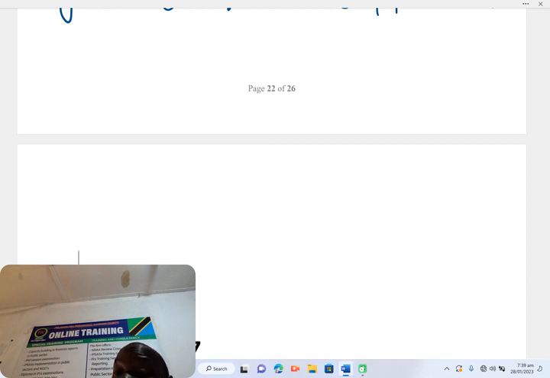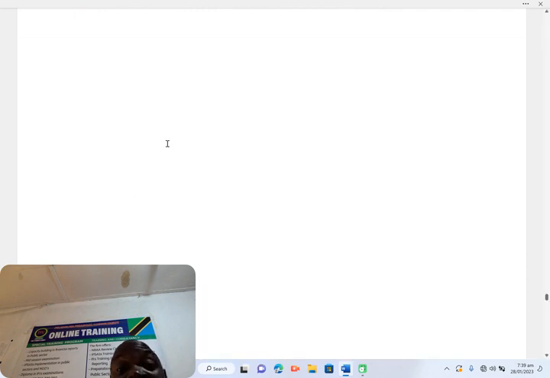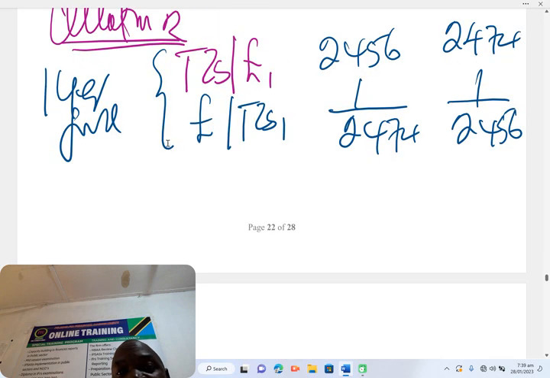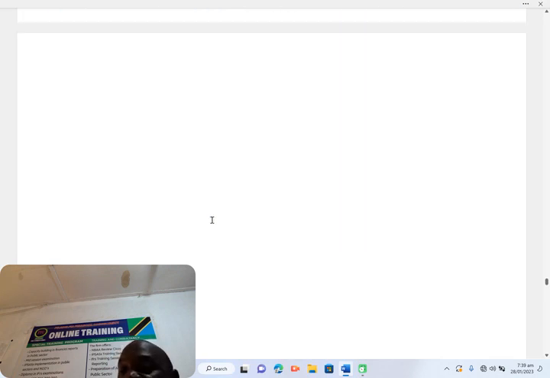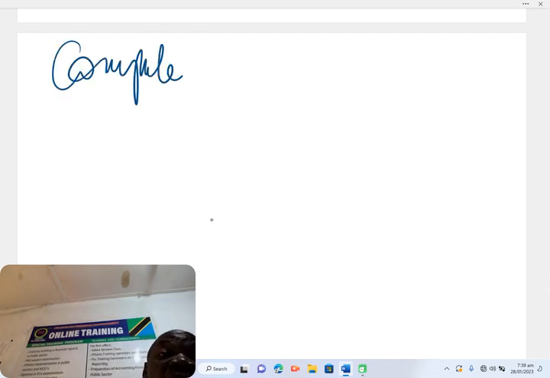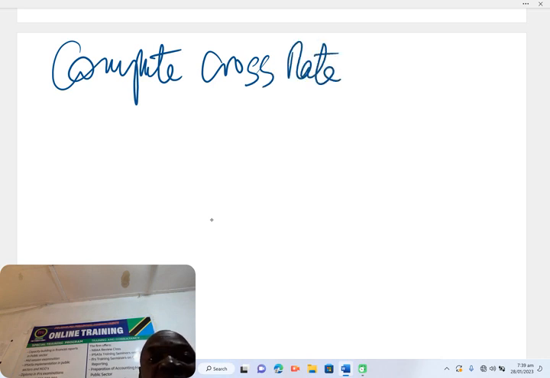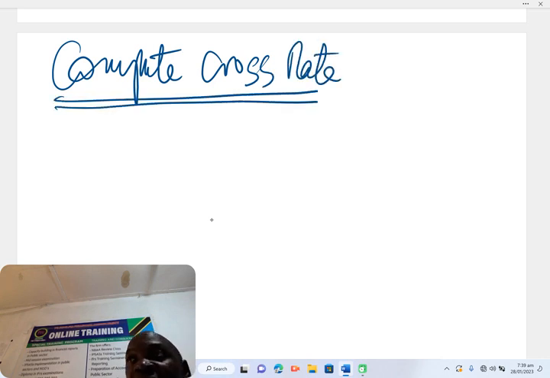So you just write this is a cross rate. So compute the cross rate. And when computing a cross rate for a two-way quotation, you must start with the bid and also the ask.